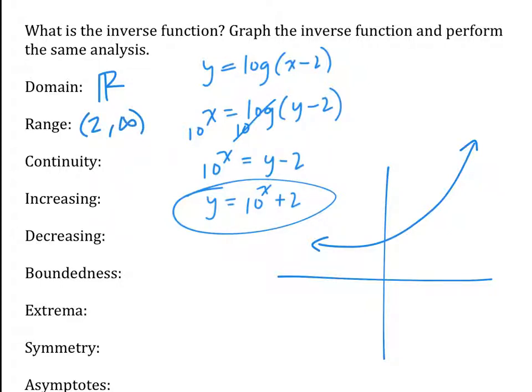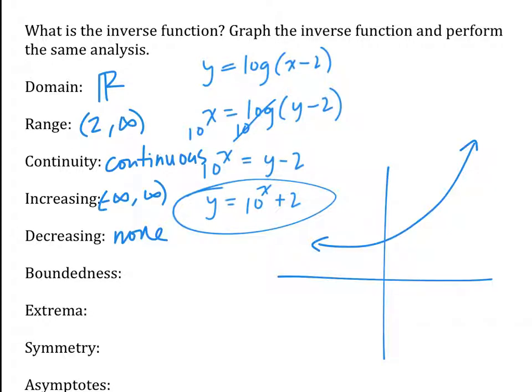Aaron, what's the continuity? Jennifer, increasing? Yes, so all real numbers. Penny, decreasing? Yeah, no decreasing, none. Iris, boundedness. It is not unbounded.